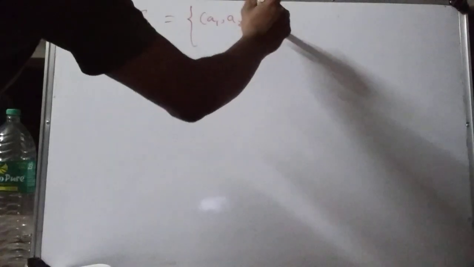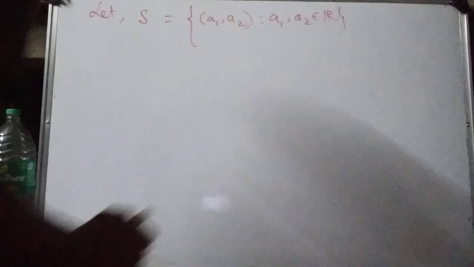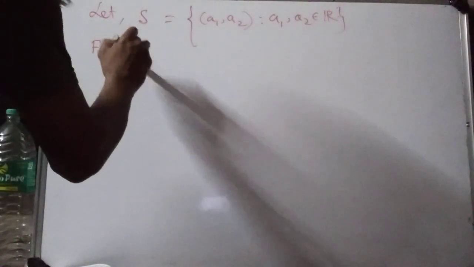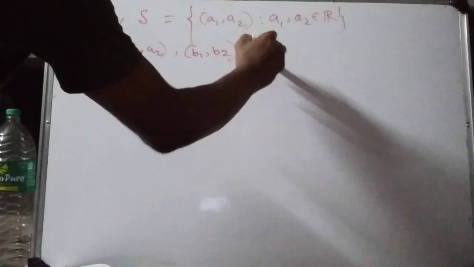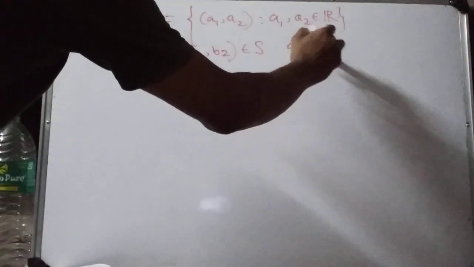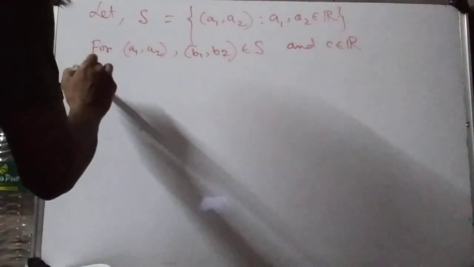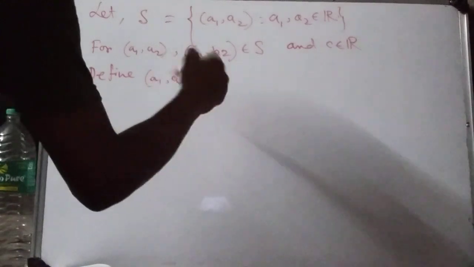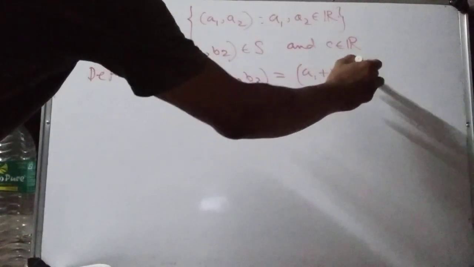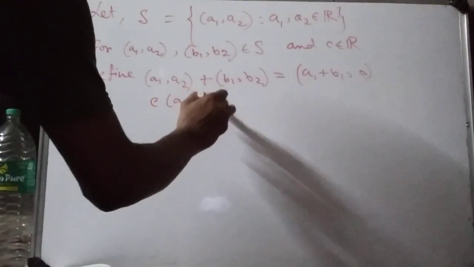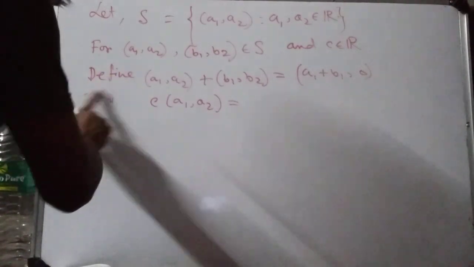So here we write another example. Let S equal (a1, a2), where a1, a2 belong to R. Then for (a1, a2) and (b1, b2) belonging to S, and c belonging to R, define (a1, a2) + (b1, b2) equal to (a1 + b1, 0). Oh sorry, c belongs to R is given, so not needed.